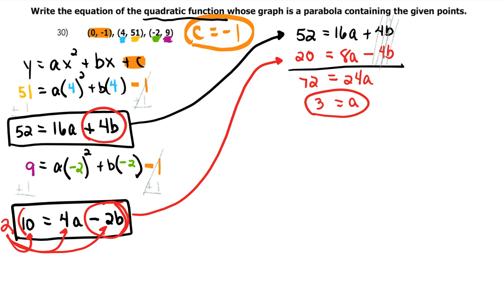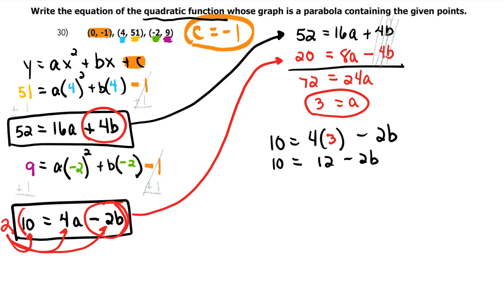So I'm going to take my a that I just found back to one of those two equations in the rectangles, because they both have a's and b's in them. So pick one. It doesn't matter. I think I'll just use the bottom one, which is 10 equals 4a minus 2b. And I'm going to plug the 3 right there. So I've got 10 is equal to 4 times 3, which is 12.